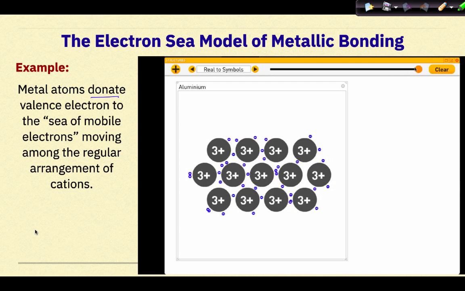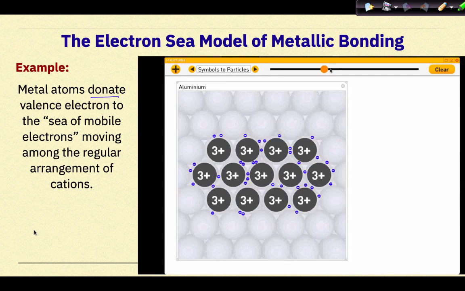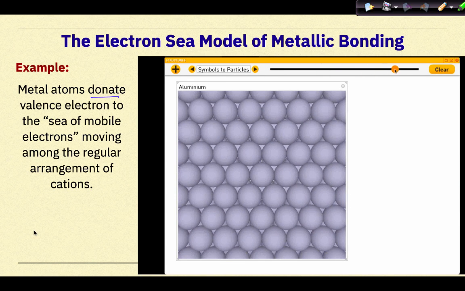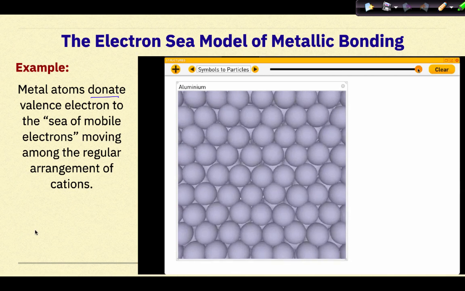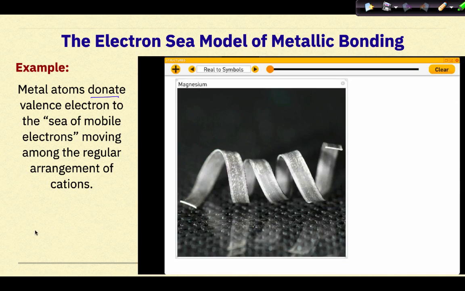As we move farther out, we can see the positive cations with a 3+ charge and the delocalized electrons moving around those positive ions. As we move farther out, we can see how these atoms of metals are closely packed together as they are moving.